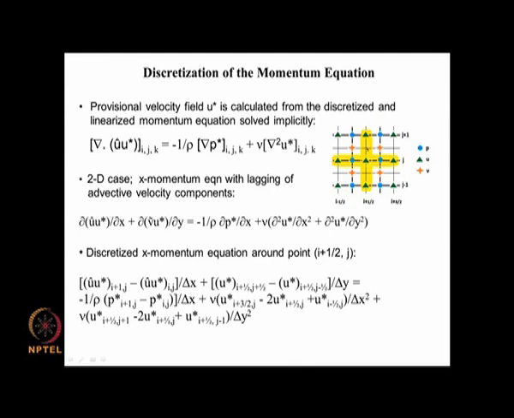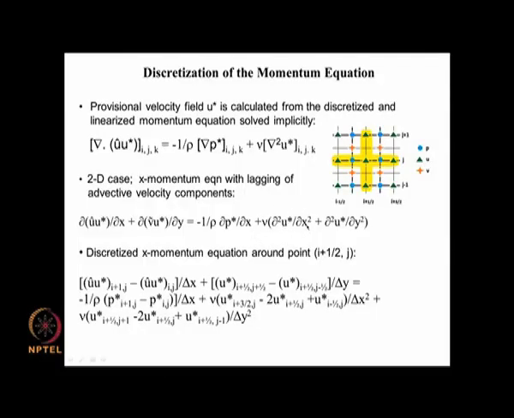If V is positive, the flow is going in this upward direction. So, it brings in the upwind value, which is this one. And so, this equation here is discretized as per our template, and our template says that the advection terms must be done using the upwind method, and the diffusion term must be done using the central method.